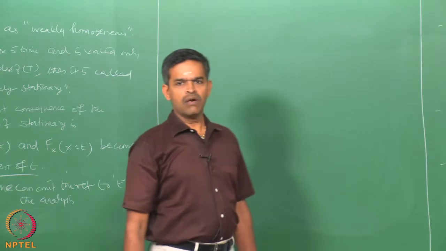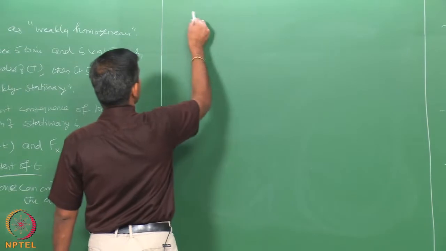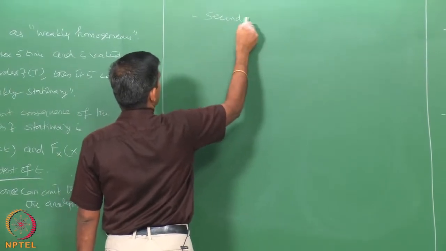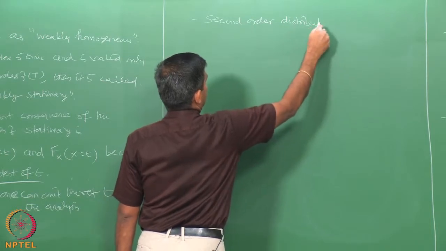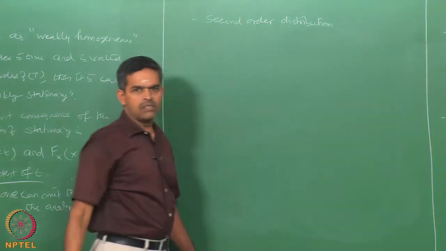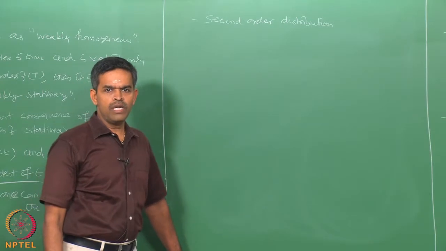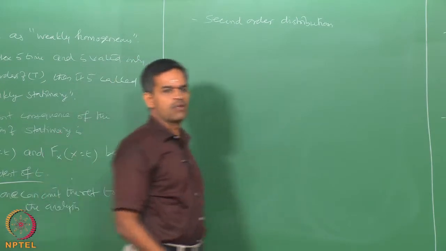If we talk about second order distributions, they will only depend on the difference of index parameter, tau.